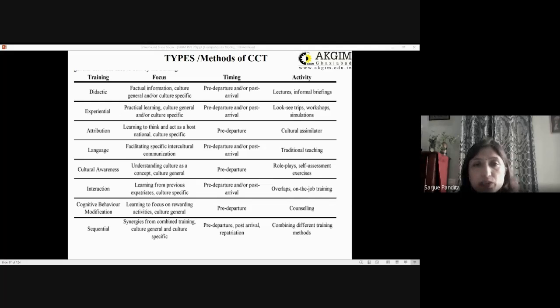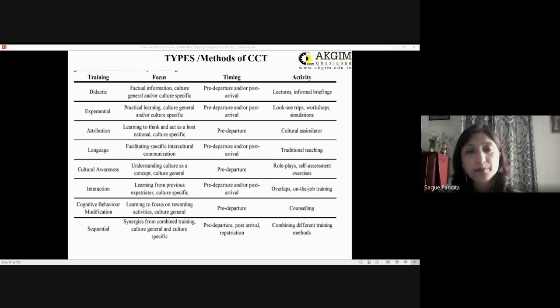Then sequential training. Now you need to have a sequence of training, that is, when I should have this training. Is it pre-departure training, on-arrival training, or the post-arrival phase? But in most cases, in 90% of the cases, the sequence is pre-departure training. All these trainings are given before the person actually leaves for the international assignment.